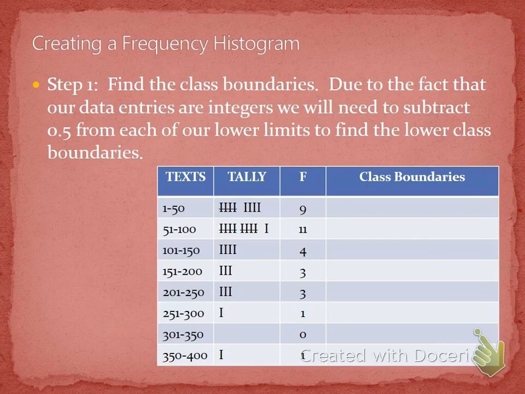So 1, 2, 3, 4, 5, 6, 7, 8. Apparently this table wanted 8 classes, and because our highest number of text messages was 400, go ahead and divide 400 by 8 and you get 50. So that was one way to come up with our class width, which is 50 text messages here, okay?